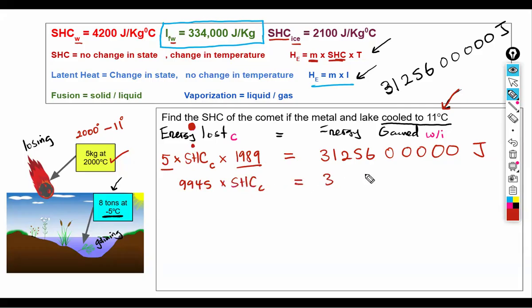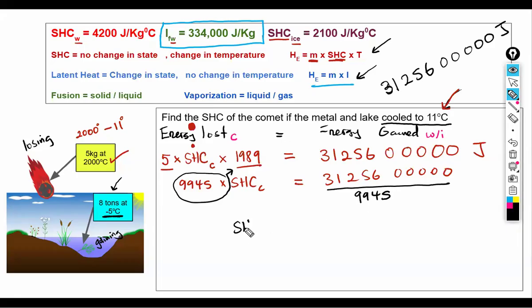It's equal to 3, 1, 2, 5, 6, 1, 2, 3, 4, 5. And we want to solve for the specific heat capacity of the comet. Draw across and multiply. You're going to get a divide. So the specific heat capacity of the comet is 3, 1, 2, 5, 6, 1, 2, 3, 4, 5 divided by 9945.